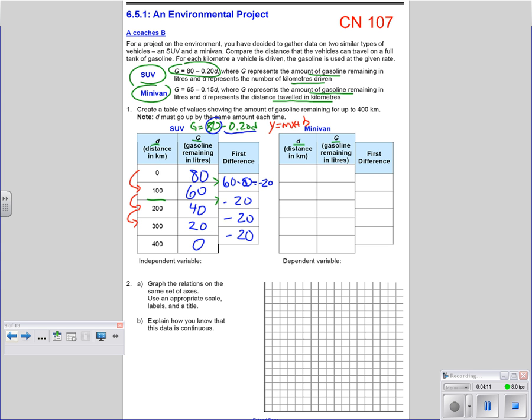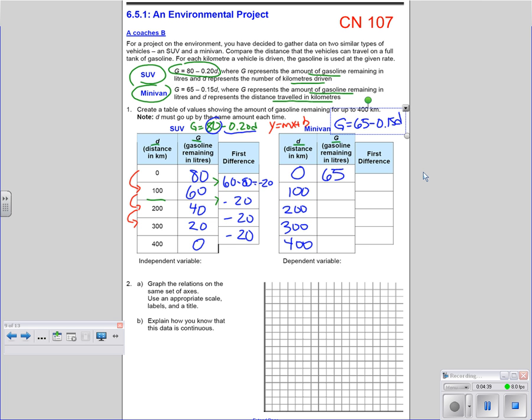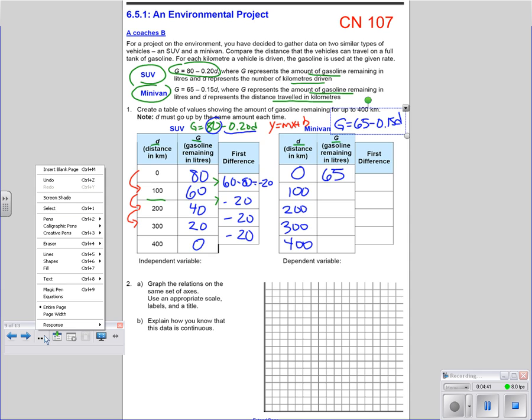I can use the equation given for the minivan in the same way. So for 0 distance, I will have 65 liters left. And I will try for 100 kilometers, 200 kilometers, 300 kilometers, and 400 kilometers. We will do the calculation just for 100 kilometers, and let's do a new page.